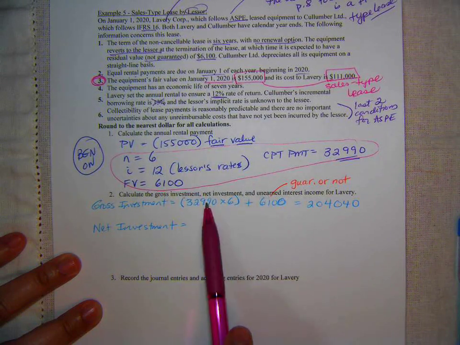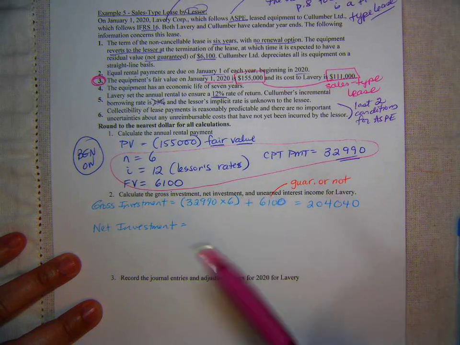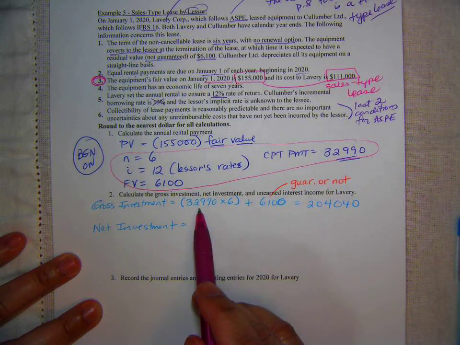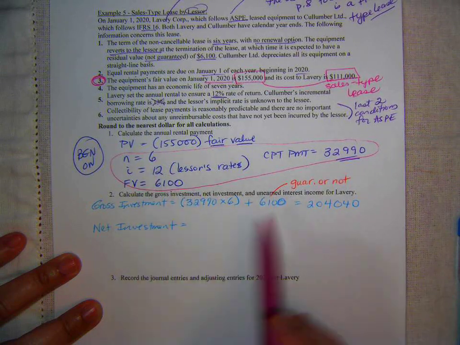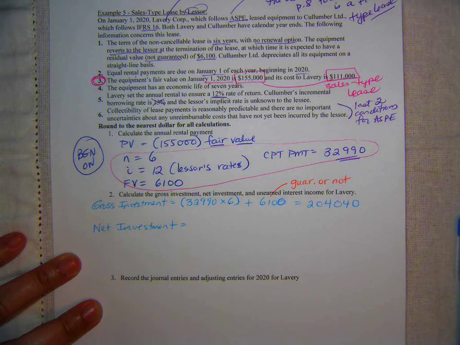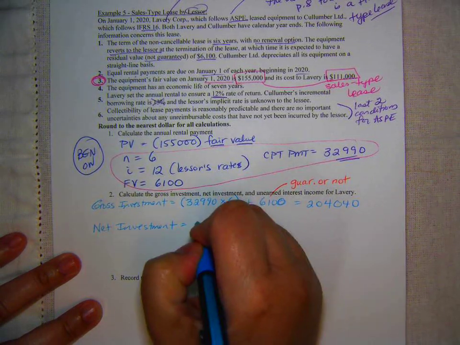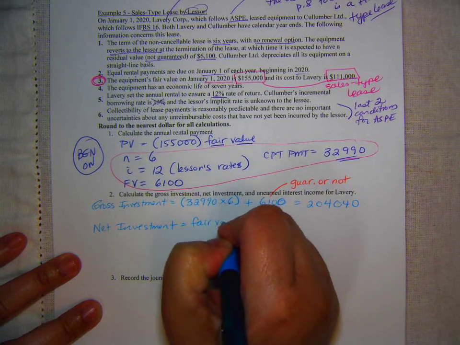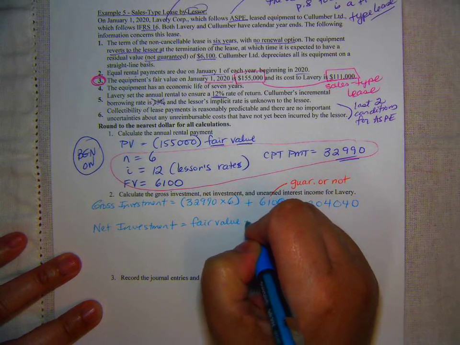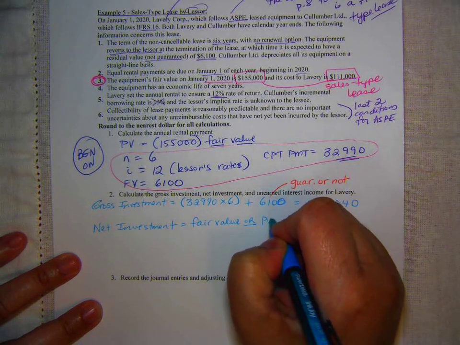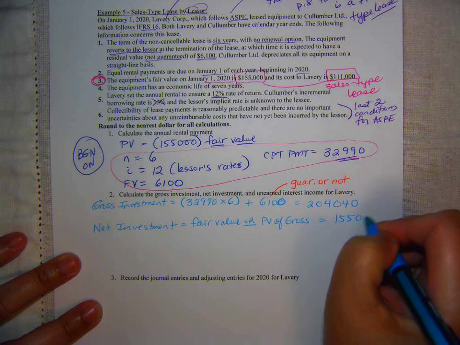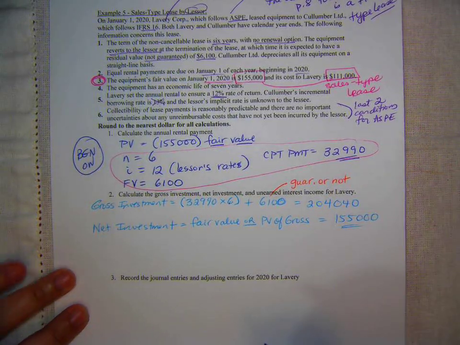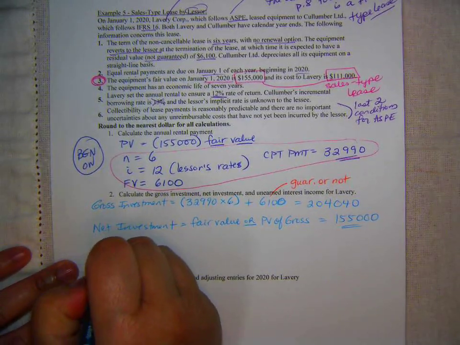And notice here, this is the gross investment. It all goes in here. So there's the payment, there's the 6 years, the lessor's rate, and the 6,100 gives us the 155. So that net investment is going to be fair value or present value. Either way, it's 155,000. And of course, the unearned interest is just the difference.